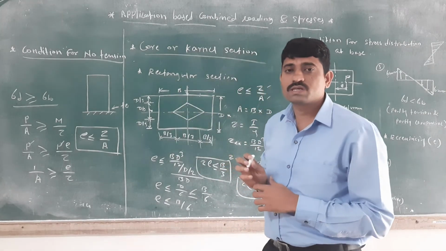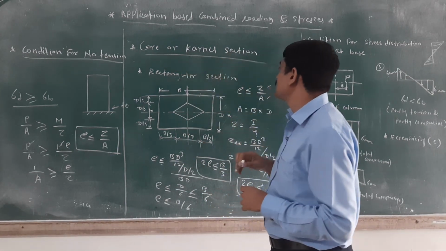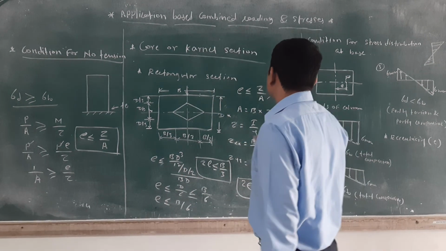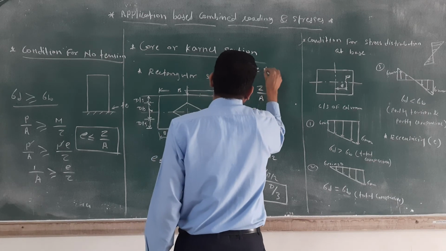That resultant is given within the overall core section. It is also called the middle third rule. Middle third rule. Remember that.